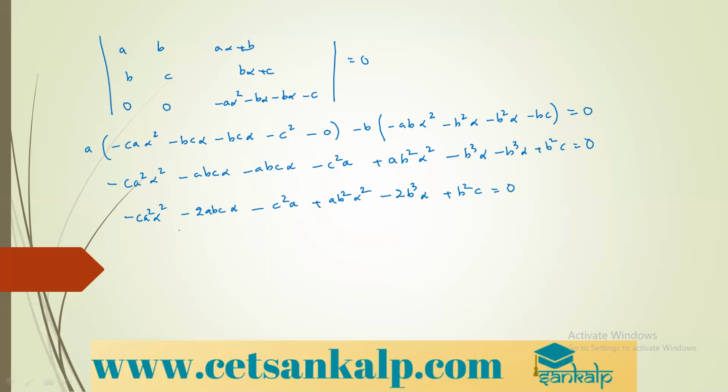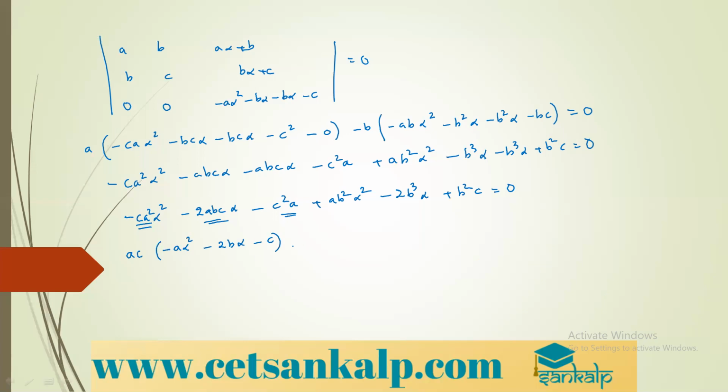From which terms can I take ac common? I can take ac common from all these. So when I take ac common, what will I have? Minus a alpha square, minus 2b alpha, and then minus c.